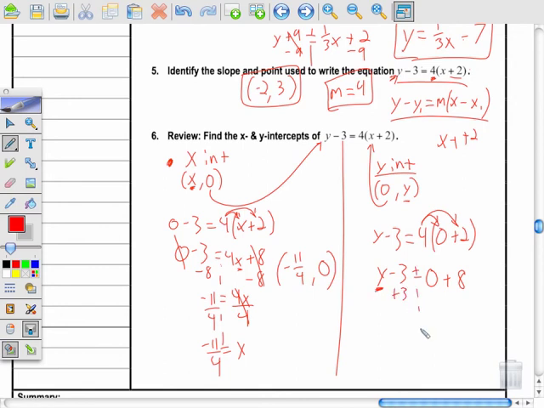Equals y minus 3. We're trying to solve for y, so get it by itself. We need to add 3 to both sides. So your 3s would cancel. You got y equals 0 plus 8 is 8, plus 3 is 11. So that would be the point 0, 11.